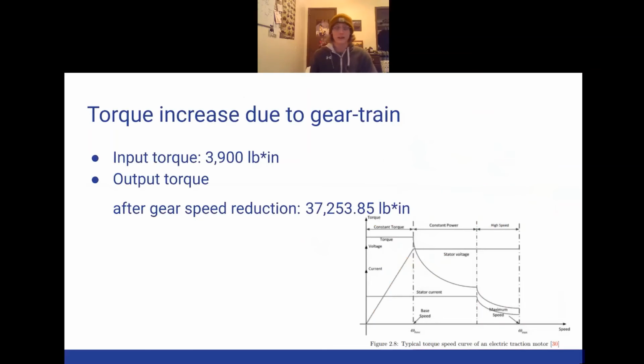As for the torque increase due to the gear train, the input torque of the engine was 325 foot-pounds, which is equal to 3,900 inch-pounds, which is in turn increased by the gear reduction to 37,254 inch-pounds of torque.